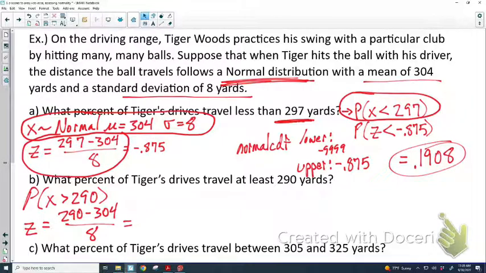And we know that is negative 1.75. Now we know the question is asking z greater than negative 1.75. And when I look that up on normal CDF, I get 0.9599.